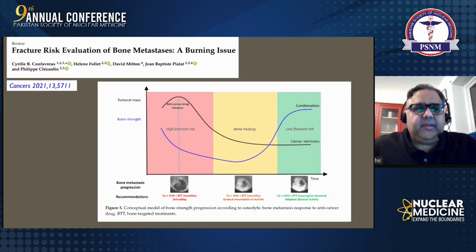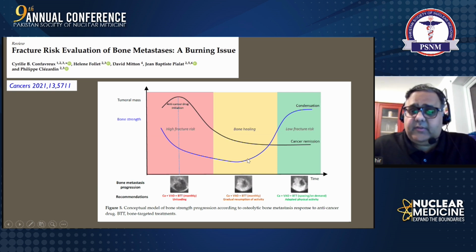Again, the authors have highlighted, if you see in this curve, this blue line is the higher risk of fracture. Initially, there are anti-cancer drugs, which actually put the whole body, the entire metabolic system, into a sort of challenge, and the risk of fractures increases.